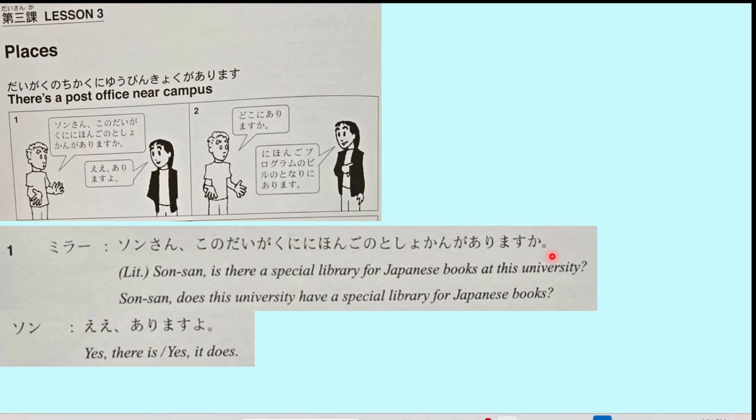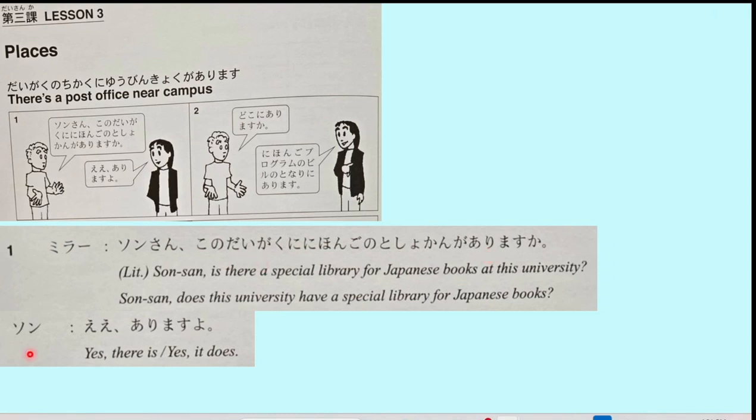Since nihongo no toshokan is a place and daigaku is the noun, it has to be followed by the ni particle. That's why daigaku ni nihongo no toshokan ga arimasu ka? Kono daigaku ni nihongo no toshokan ga arimasu ka? Son-san, does this university have a special library for Japanese books?